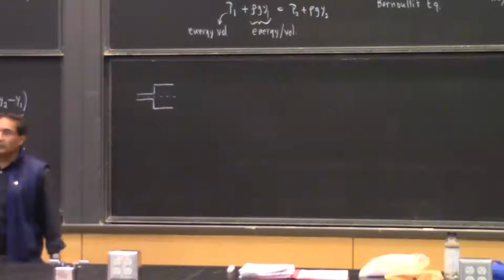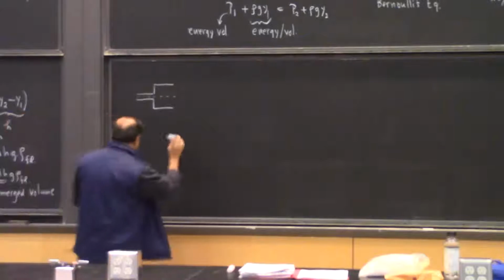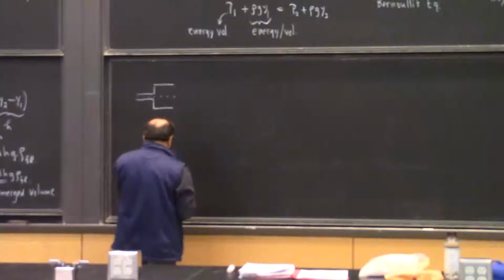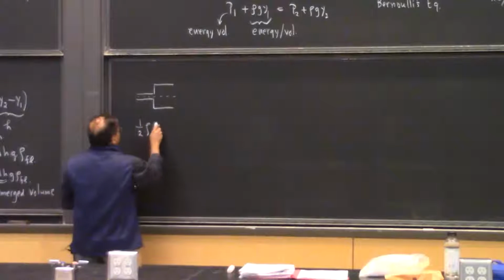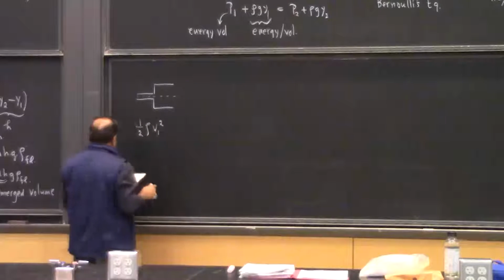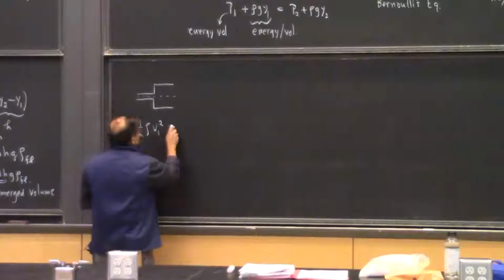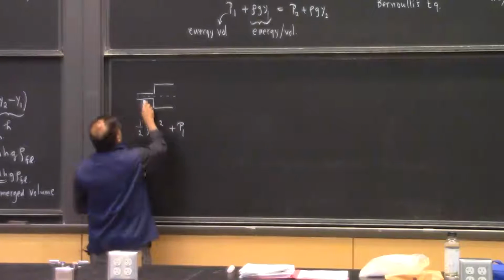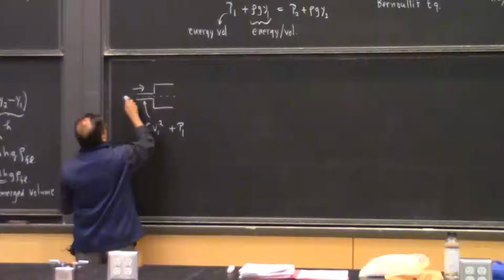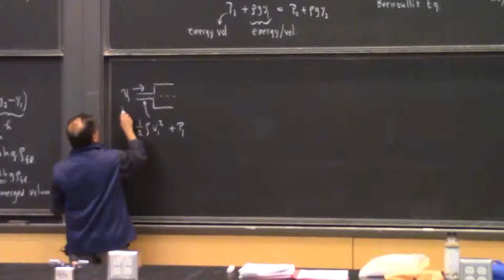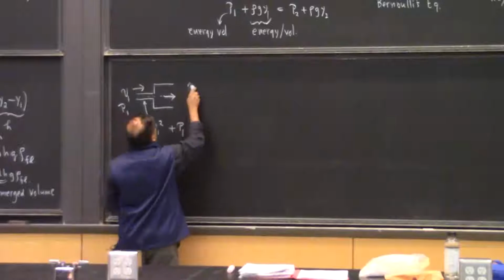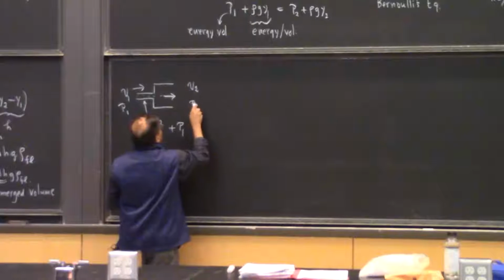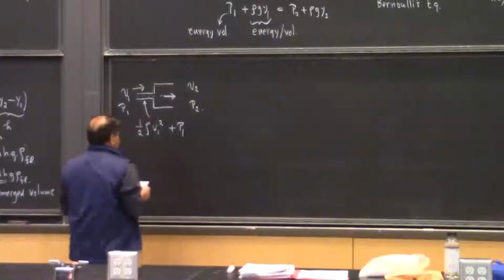So y2 minus y1 is 0. Both of them have the exact same level. So therefore Bernoulli's equation here would simplify to 1/2 rho V1 square plus P1, where the velocity may be V1 and the corresponding pressure may be P1, and in the wider end of the pipe the velocity may be V2 and pressure may be P2.